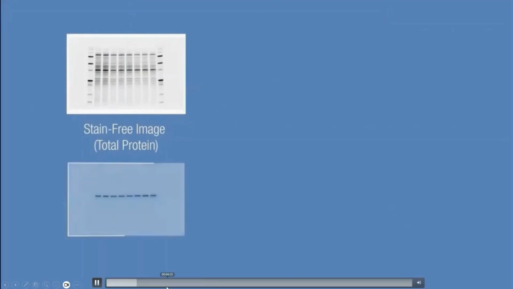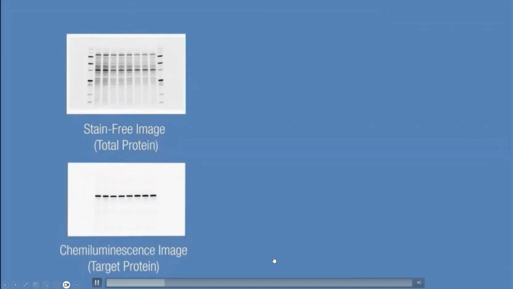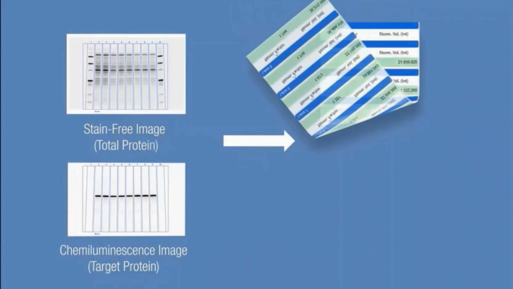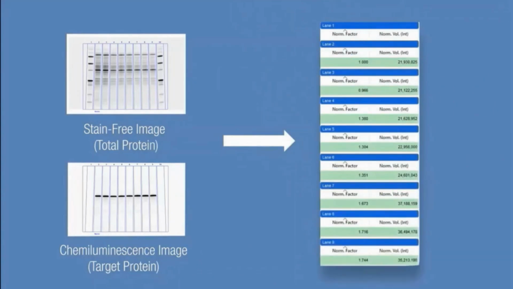So how do we run this total protein normalization on our imagers? We get the stain-free image for total protein, and then we get the chemiluminescence or fluorescence image from our blotting experiment. We just load these two images, choose the lanes for total protein, and choose the bands for chemiluminescence.